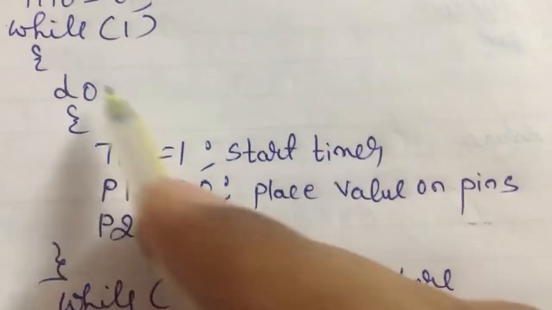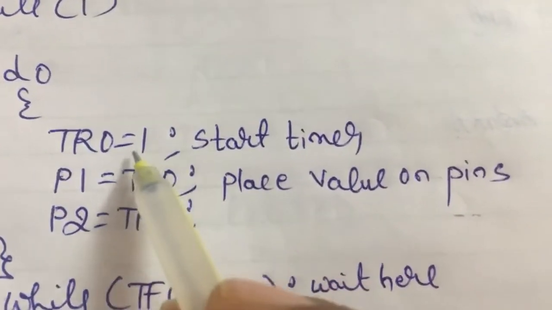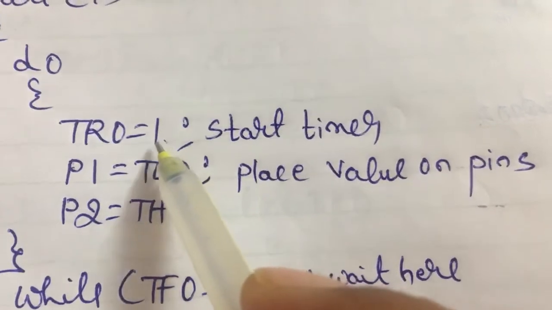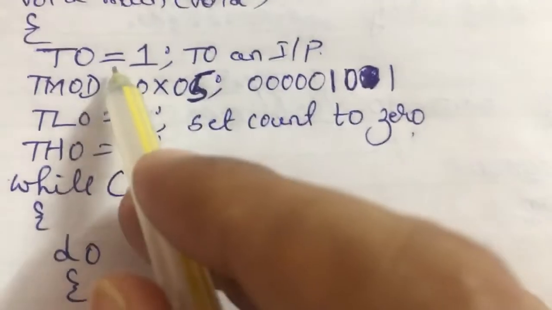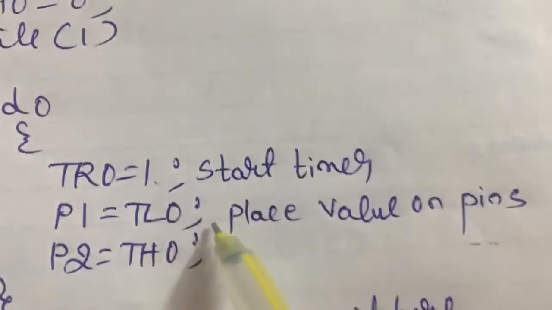First start the timer. Now the timer has been started, and when the timer starts, there will be a signal across T0 that has to be counted.